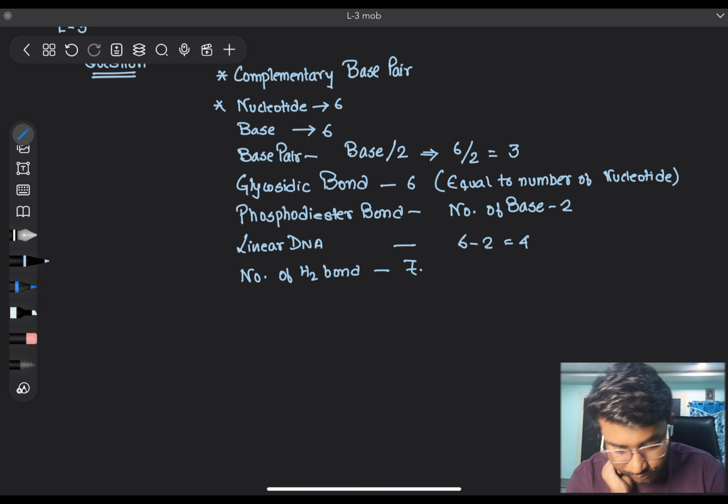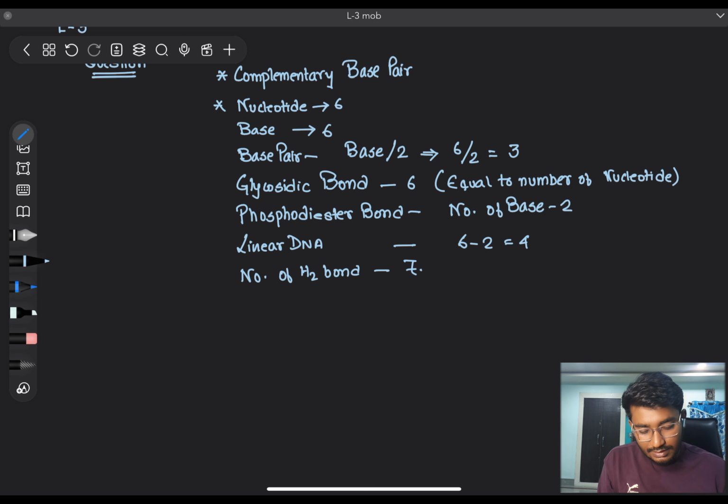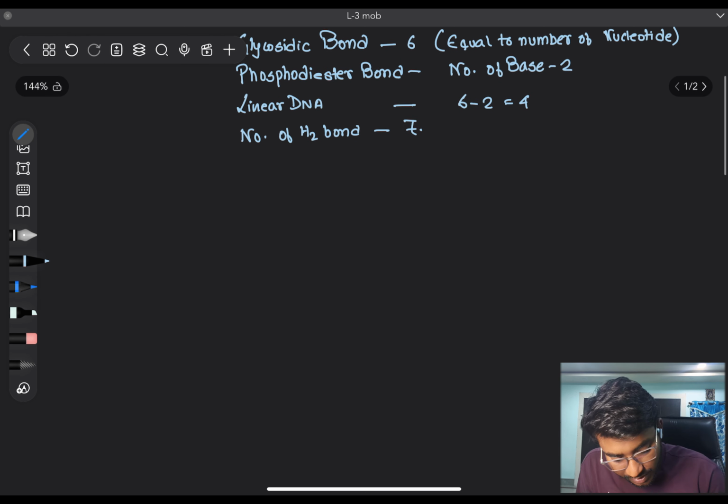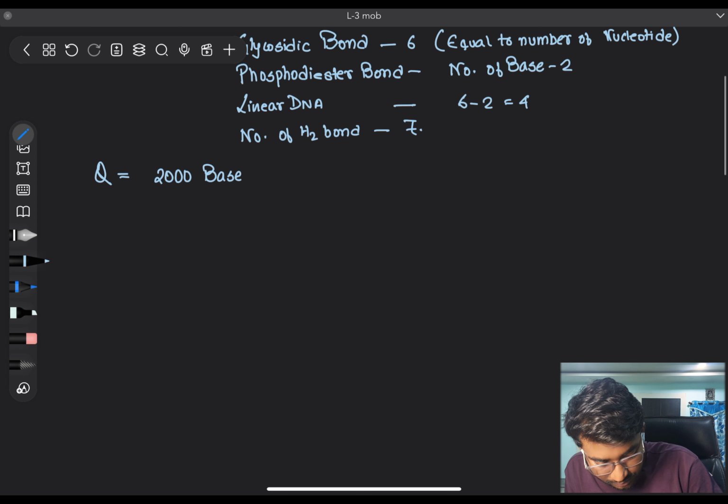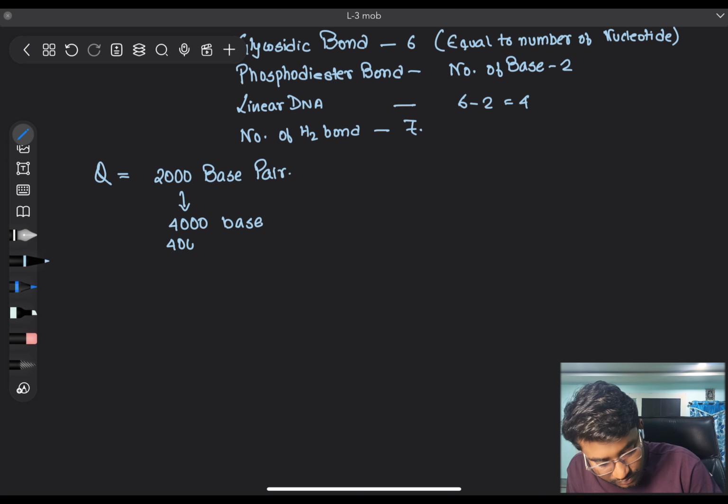Now in case there are 2000 base pairs, if the question comes with 2000 base pairs, it contains 4000 bases. 4000 minus 2 equals 3998.